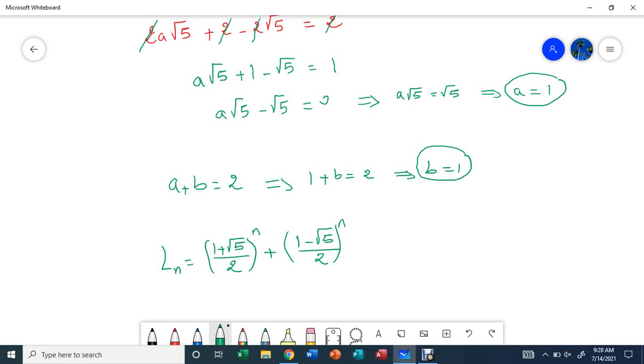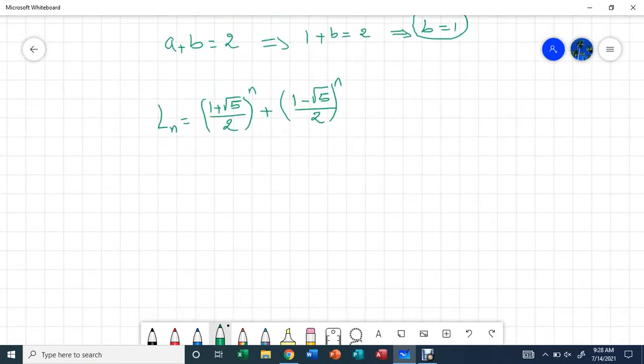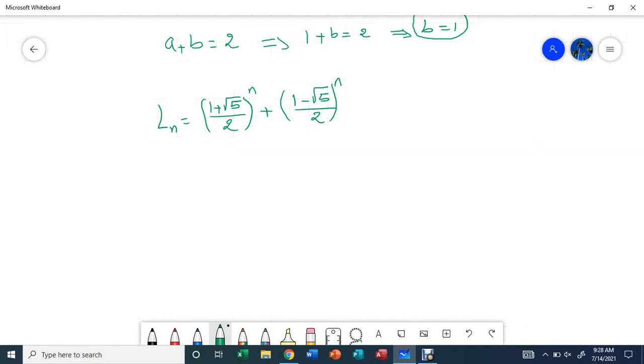Let's double check the initial conditions and see if we did everything right. We know L of 0 is 2. So L of 0 is ((1 plus square root of 5) over 2) to the 0 plus ((1 minus square root of 5) over 2) to the 0, which is 1 plus 1, and that's 2. Bingo. Let's try L1, which is 1.